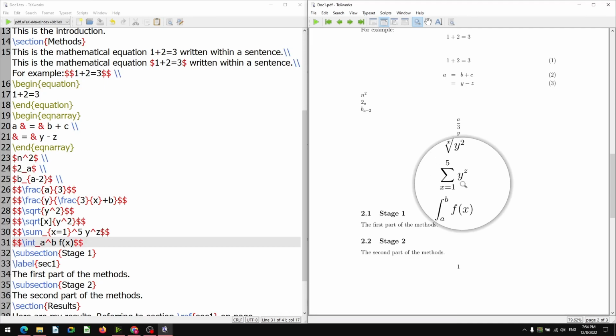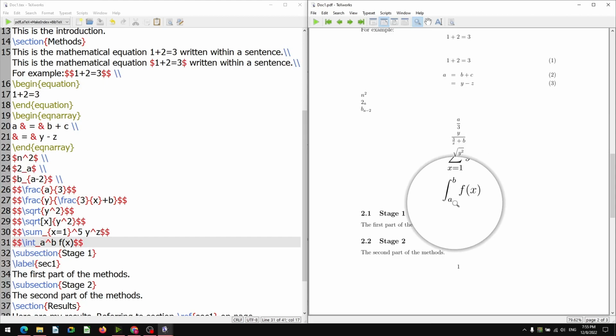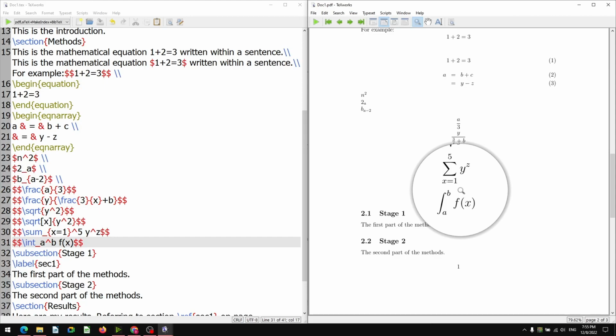Lower limit is x equal to 1, upper limit is 5. 5 is given after the hat, and x equal to 1 is after the underscore. Similarly, integration of f of x is there. Lower limit a is written after underscore and upper limit b is written after hat in the integration equation. So in this way we can write the summation and integration equations.